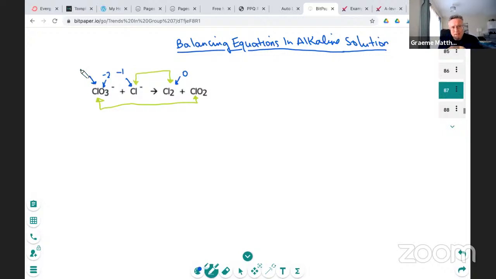Am I thinking this is +5? Chlorine +5, minus 3 times -2 up here. So I've got chlorine, minus 3 times -2, which is going to be -1.